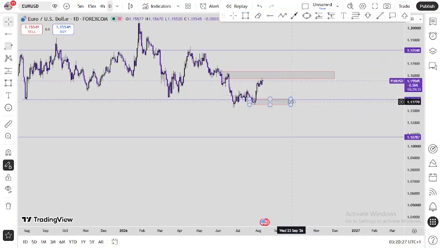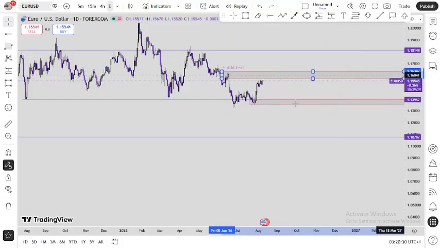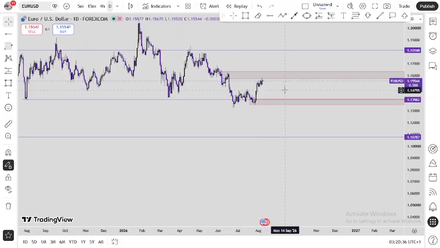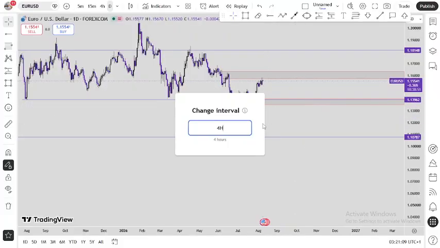So going into next week, we might see a reaction off of this supply area, price coming back before it continues back up, or it could be that this bearish trend that has been happening for the past few months continues from this supply area here, and then this area gets broken.